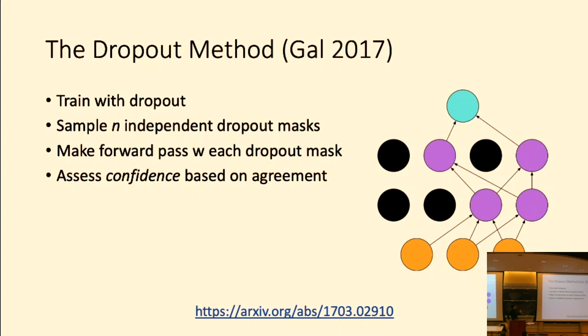He makes some argument via some analysis that they are somehow related to deep Gaussian processes, and comes away with this takeaway that one way that you can get uncertainty estimates from dropout regularized, or generally stochastically regularized, neural networks is that you can basically sample multiple dropout masks, pass the example through one time for each mask, and then consider the mask-contingent predictions to be like the vote.